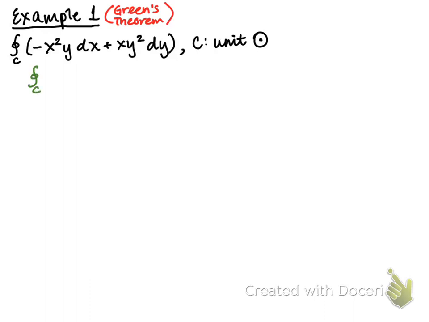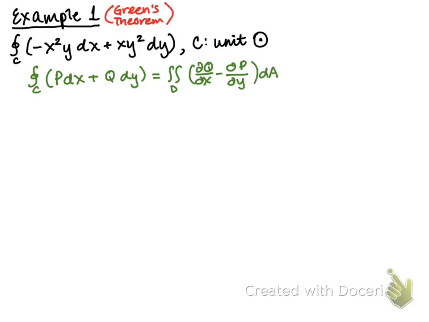It's the line integral over C of P dx plus Q dy equals the double integral over the bounded region D of partial Q partial x minus partial P partial y dA.